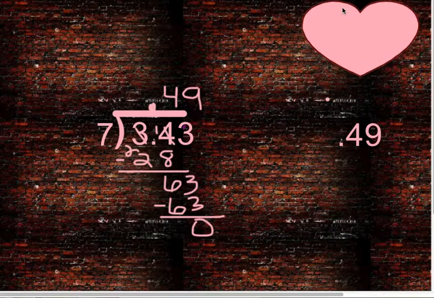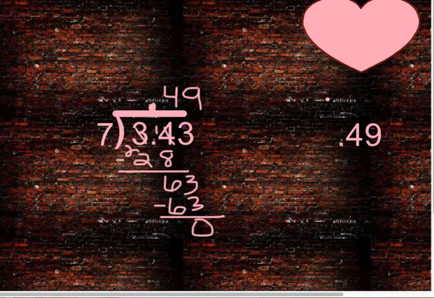Okay, so let's check that. To check it, we have the answer, or the quotient, and we're multiplying it by the divisor. So I'm just going to move that right down here. 7 times 9 is 63.